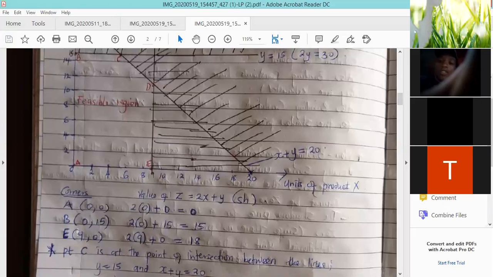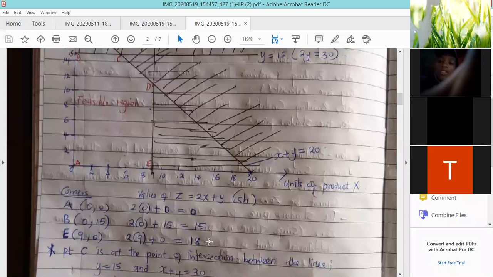Then for corner B, which is here, this one you don't have to calculate. It's definite that you can read straight from the diagram what the coordinates are. X is equivalent to 0, y is equivalent to 15. And then again, you substitute, which gives you a value of 15 shillings as your value of Z. And remember, Z was your objective.